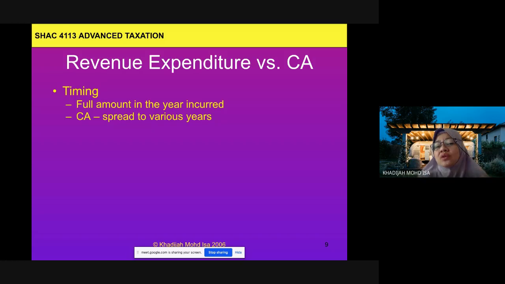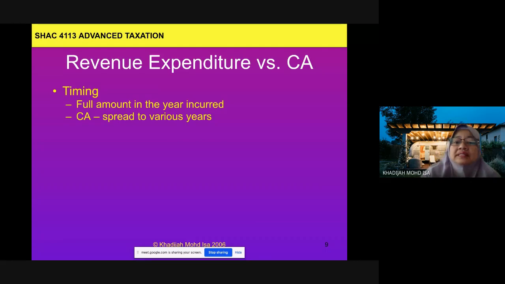But if you go for lease rental, you can claim whatever you incurred for the year immediately. So as tax planning, which one is better? Of course, you want to go for revenue expenditure rather than capex in this case. But remember, with revenue expenditure in terms of ownership, you do not own the asset. But we're talking about the tax implication.